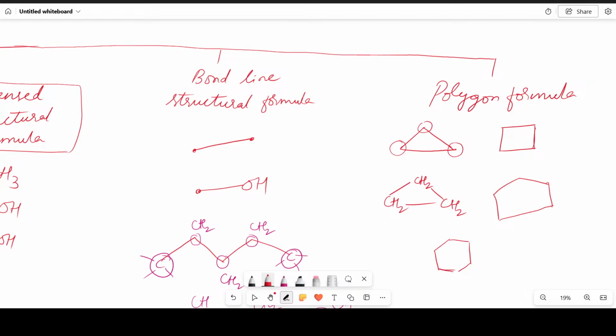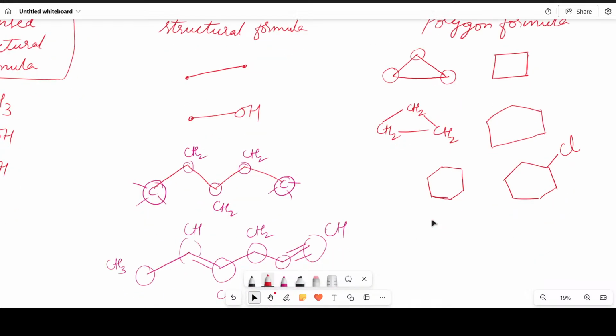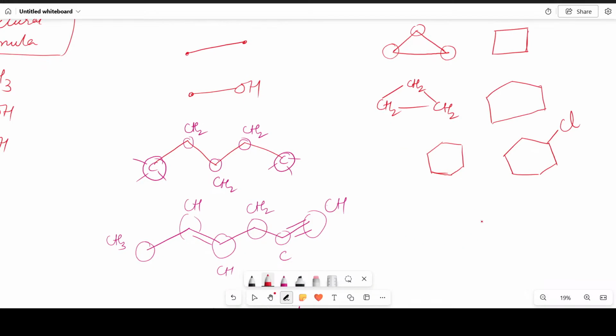You're showing only the bonds, not even the carbon, not even the hydrogens. Next you have chlorocyclohexane. Only the skeletal structure you are showing. Then you have the OH group, so it is cyclohexanol. So these are the examples.